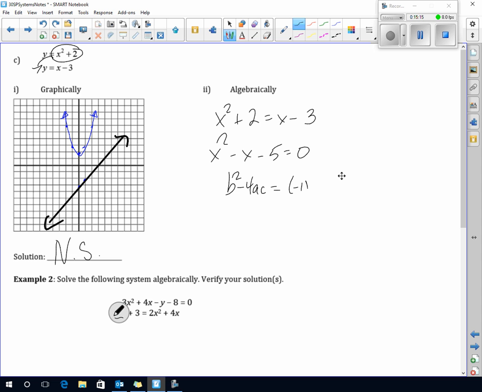Sorry about that. So b squared minus 4ac, right? So subtract 4 times 1 times 5. So then I get 1 minus 20 gives me -19. Therefore, what can I conclude? No solution. Let's try example 2.